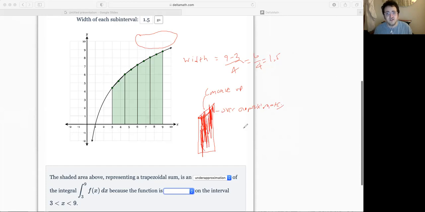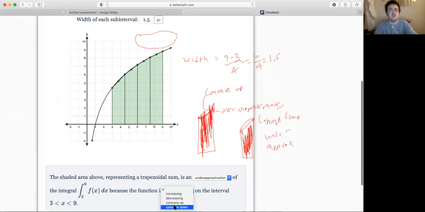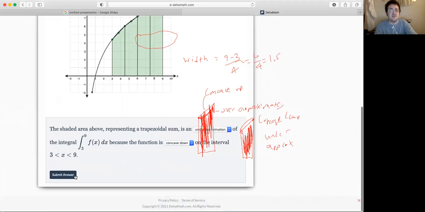But if we have a concave down, we can see that we are ever so slightly lower in area. So we are concave down on this.